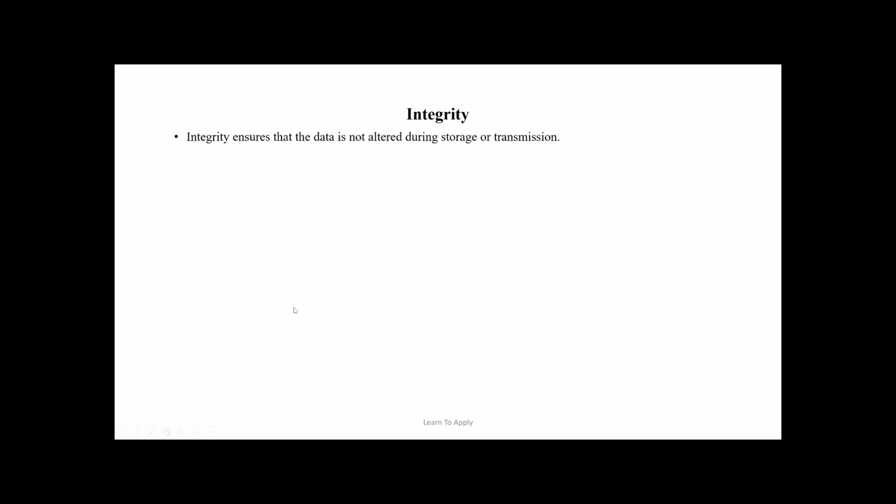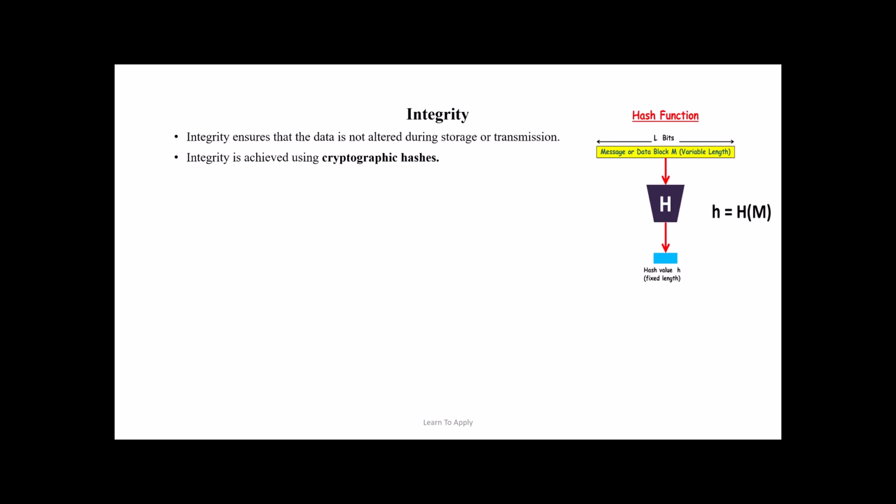As already defined, it ensures that data that is being transmitted, shared or communicated over the insecure channel is not being altered at rest or during transmission, right? So integrity is a security service which is achieved with the help of cryptographic hash.